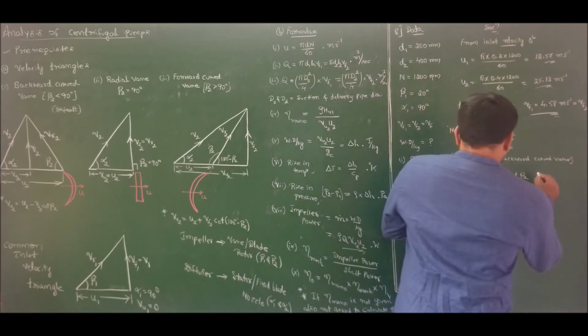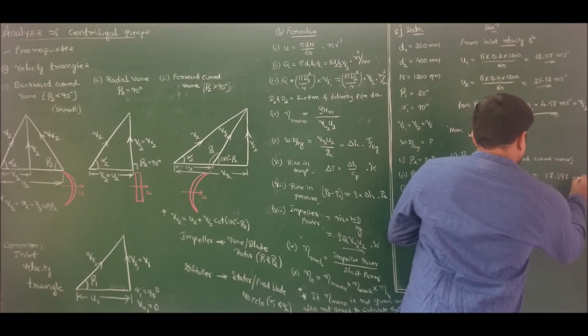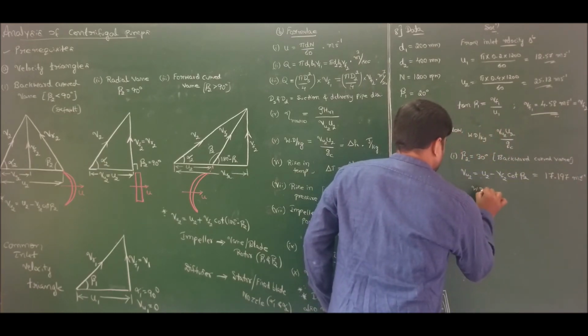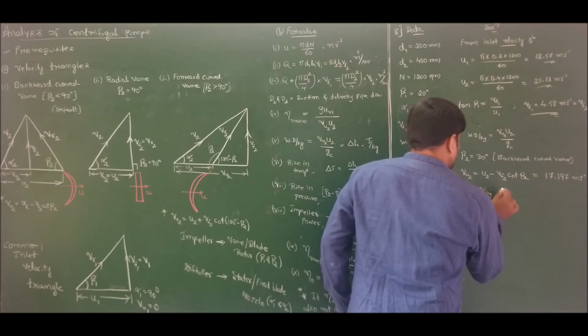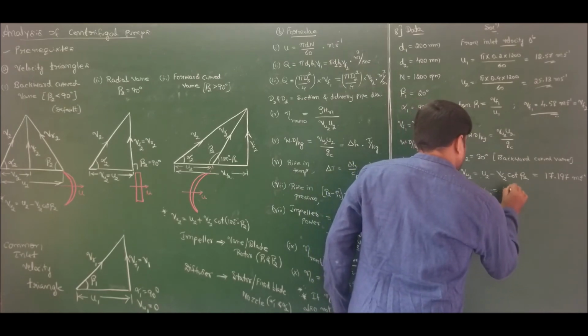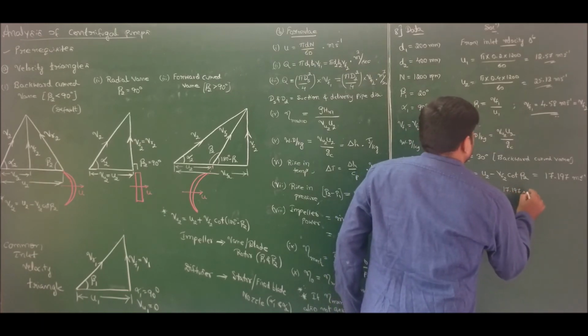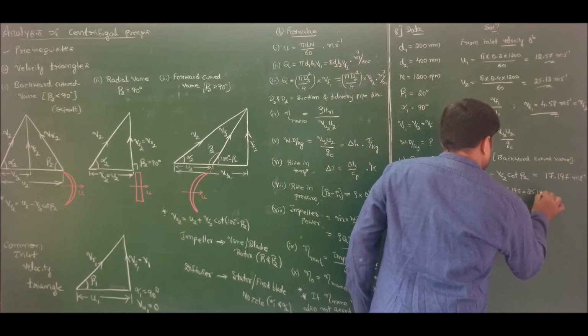So Vu2 is 17.197 meters per second. Therefore work done per kg is Vu2 into u2 by gc, that is 17.197 into 25.13 by 1.